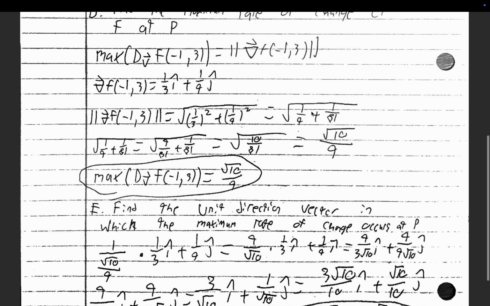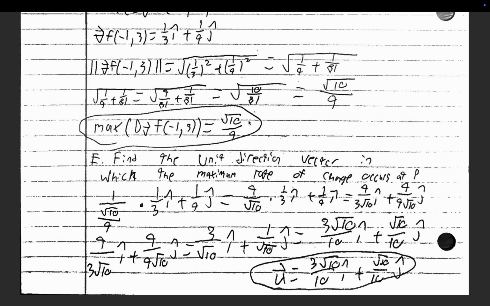That comes out to the square root of 1/9 plus 1/81. We find a common denominator so it's easy to add these two fractions: 9/81 plus 1/81, which is 10/81. Taking the square root of the top and bottom, we have rad 10 over 9, which is the answer to D.